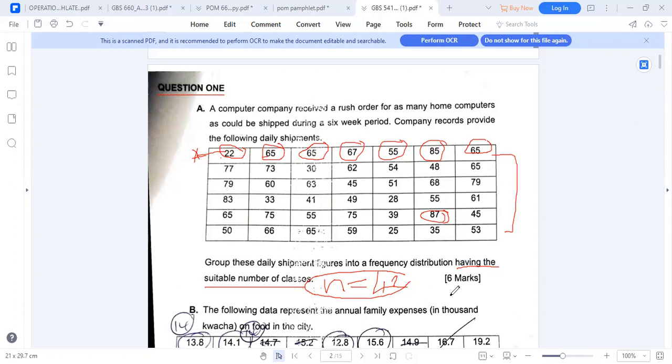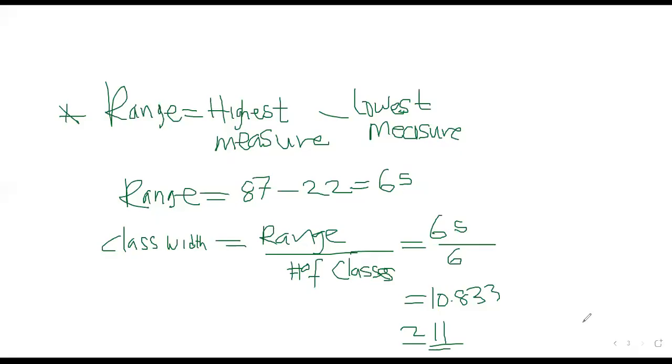We need to count, but the way we're going to do it, we'll simply start with the class width. So the class width is here. And then the frequency.